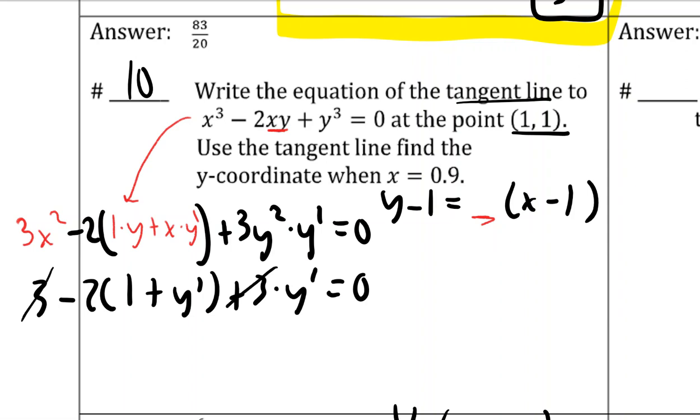3 and 3 makes 6. I'm going to subtract that over. Let's distribute this negative 2. Oh, wait, I can't do that. This wasn't a 3, this was 3 times. So I'm just distributing the negative 2.